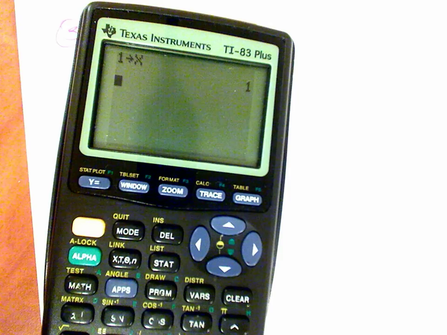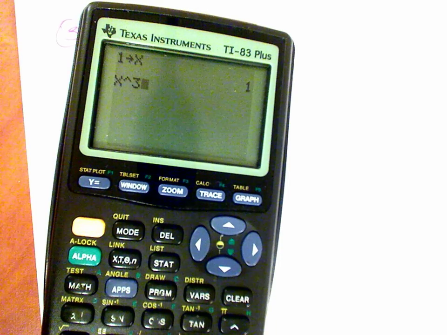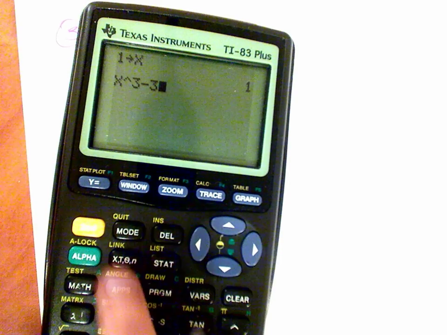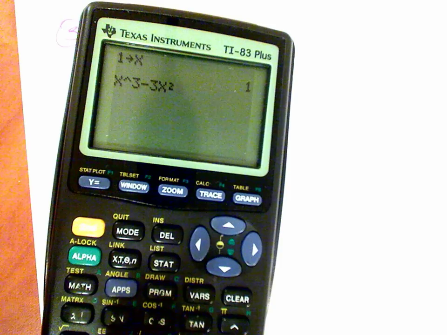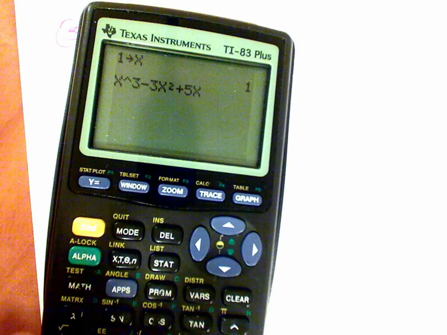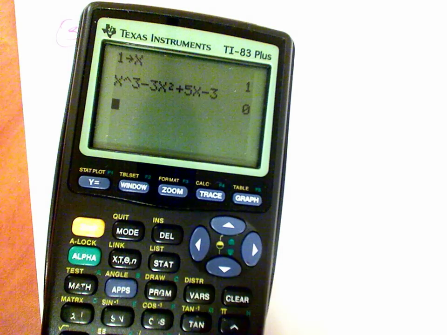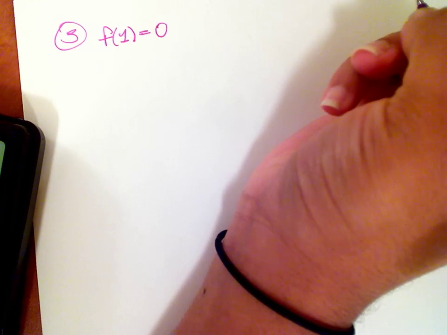So now we've stored 1 for x in our calculator. So now we can just type in the function on our home screen. So x cubed minus 3x squared plus 5x minus 3. And we get 0. So f of 1 equals 0.